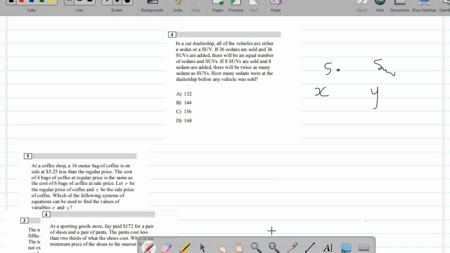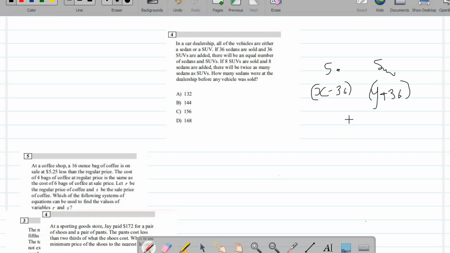So looking at this, since there are X sedans and Y SUVs, and now you decide to sell off 36 of the sedans, you say X minus 36. Then you're going to add 36 to the SUVs, so Y plus 36. Now it says that there will be an equal number.